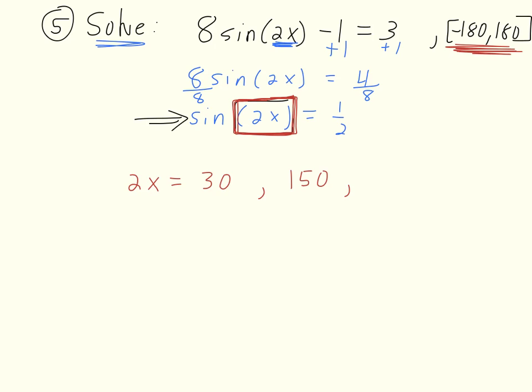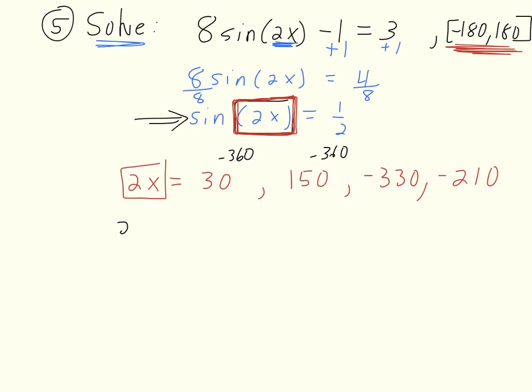So if I were to take this 30 and subtract 360 and this 150 and subtract 360, again to back it up a cycle, I would get negative 330 and I would get negative 210. So all of these are equal to what we call 2x. That's just what the angle is on the inside. Well, we're looking to solve for x. We don't want 2x. So 2x is equal to all four of these things.